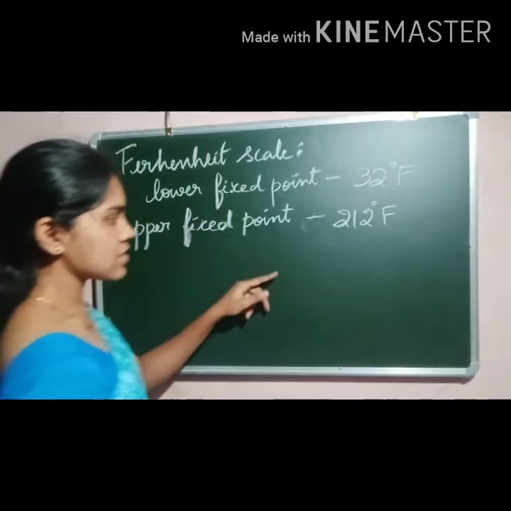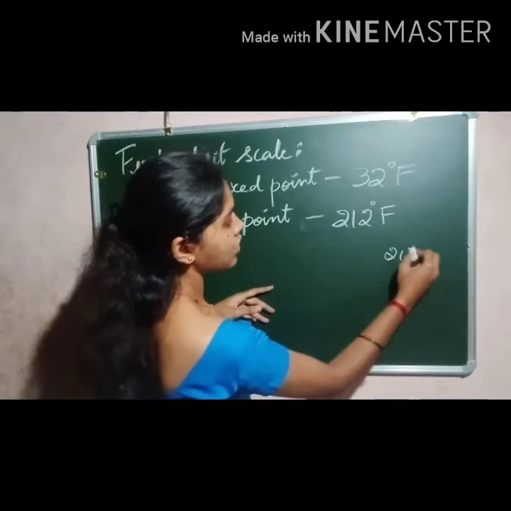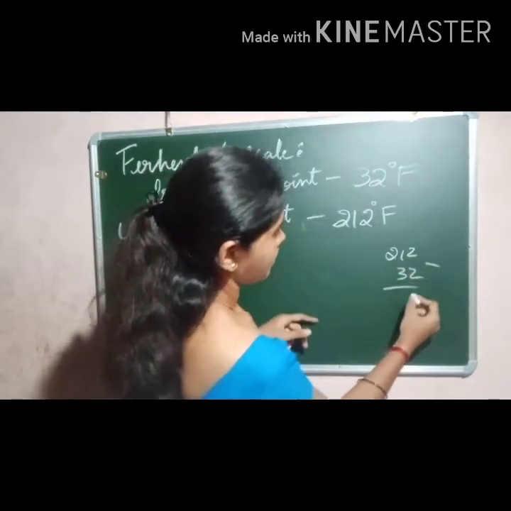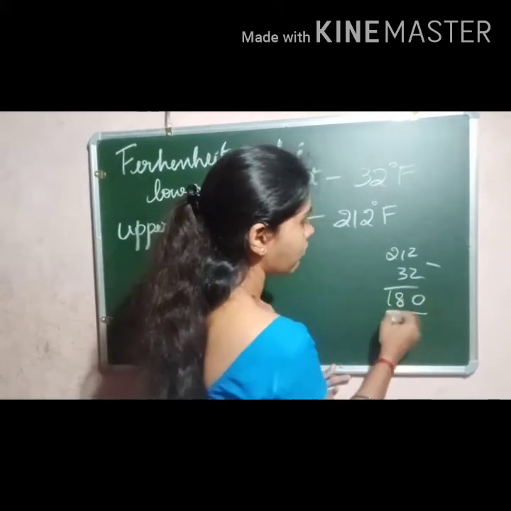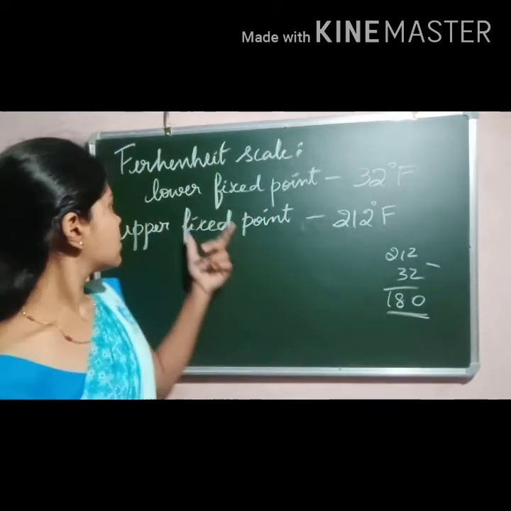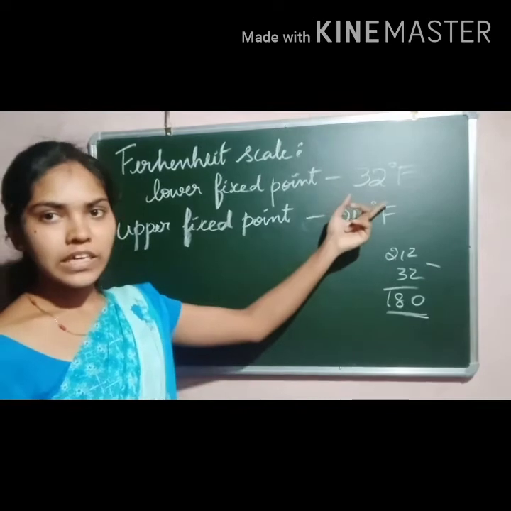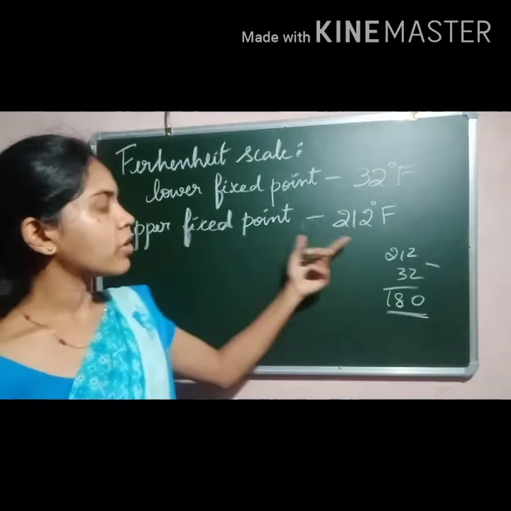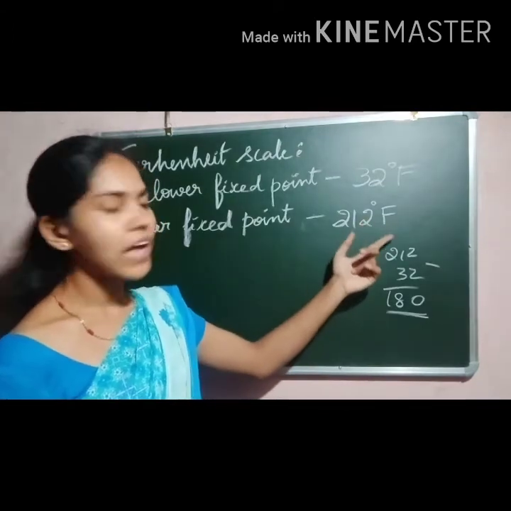Okay, so what is the difference between these two? 212 minus 32, that is 180 degrees. Got it? So the lower fixed point is 32 degrees Fahrenheit, and the upper fixed point is 212 degrees Fahrenheit.